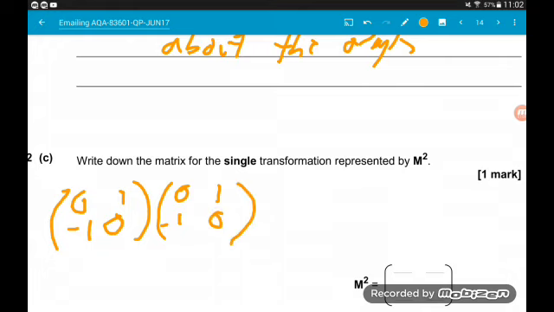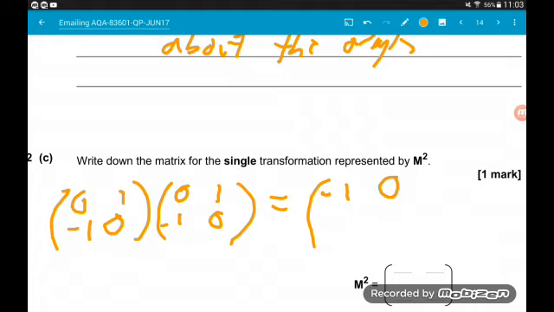Our top left number is going to be 0 times 0, which is 0, add 1 times minus 1, which is going to give us minus 1. Our top right number is going to be 1 times 0, add 0 times 1, so that's going to be 0.